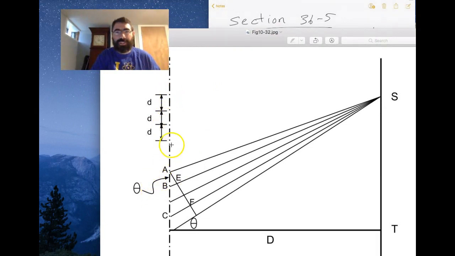Now you see the diffraction, the slits are all separated by the same distance d, and then I've got light coming in from A and B and C and D. And so we could redo the derivation that we did for the double slit experiment, where we now have this right triangle between A and B, and a right triangle between A and C, and a right triangle all the way down to D. And so if each of these right triangles has an extra distance that is a multiple of a wavelength, then we're going to get total constructive interference with all of these different sources.